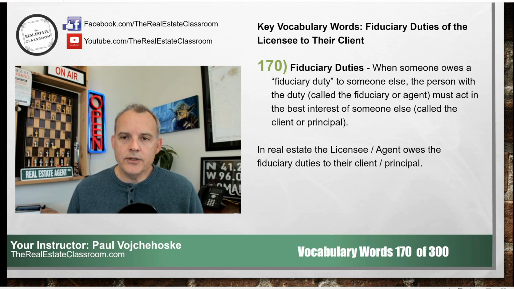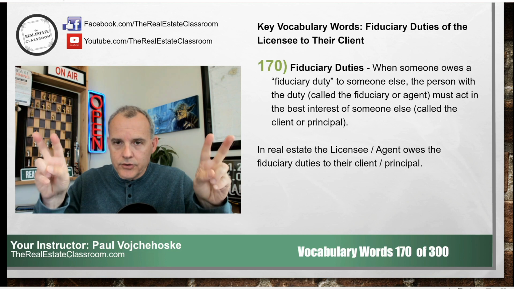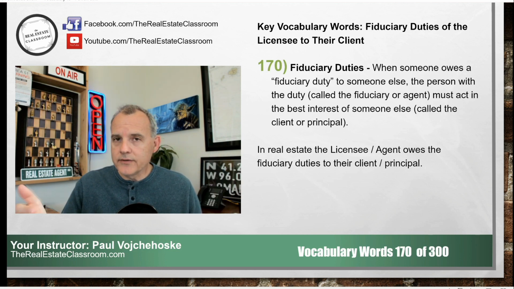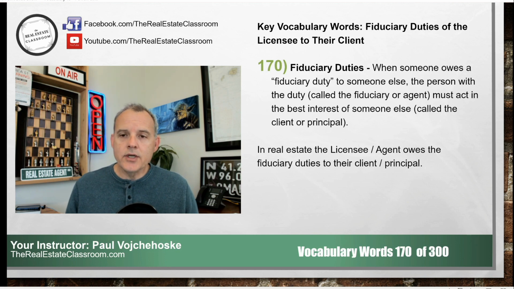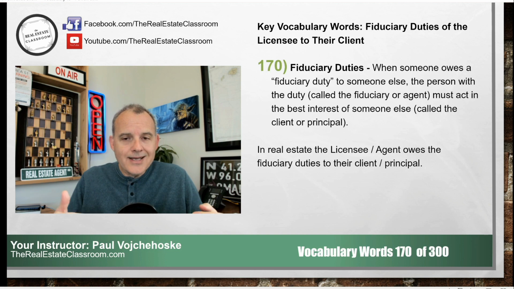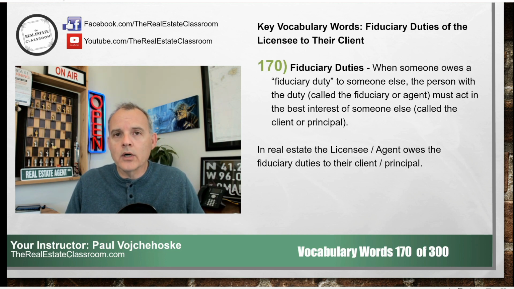But a fiduciary duty is owed by someone to someone else. The person that owes the fiduciary duty is known as the fiduciary or the agent, and they must act on behalf of, or in the best interest of, someone else. That someone else is called the client or principal.